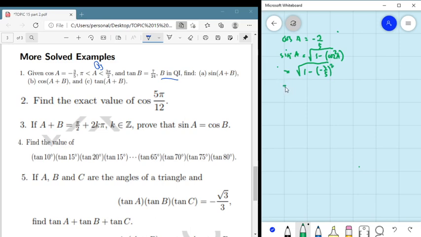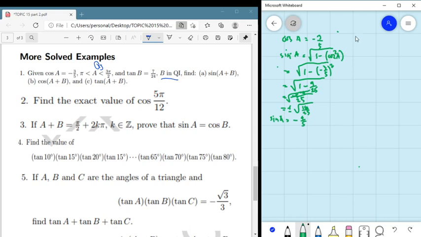So it is equal to the square root of 1 minus 9 over 25, so 25 minus 9 over 25, or that would be equal to plus minus the square root of 16 over 25. So sine A is equal to, quadrant 3, so minus 4 over 5.